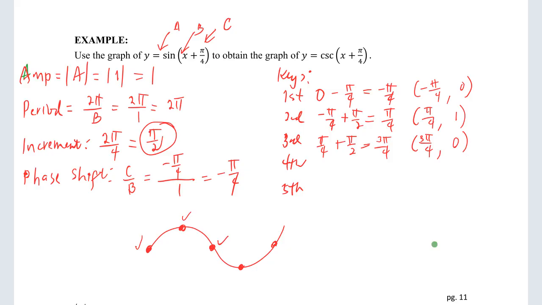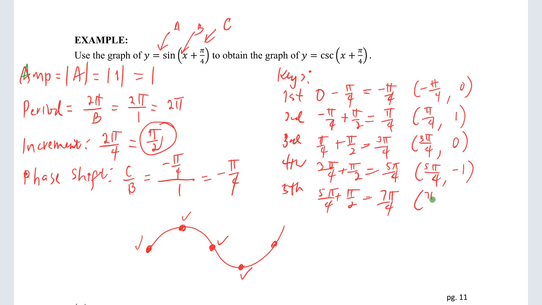Next, fourth point, we have 3 pi over 4 plus the increment pi over 2, which is 5 pi over 4. And then going down here, that's going to be negative 1. Next we have 5 pi over 4 plus pi over 2, equal to 7 pi over 4, and going back to that point, that's going to be 0. Okay, so those are now our key points.